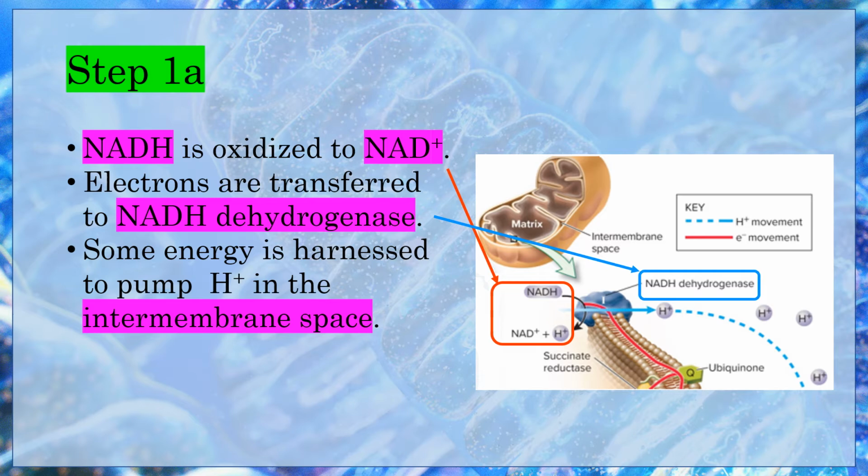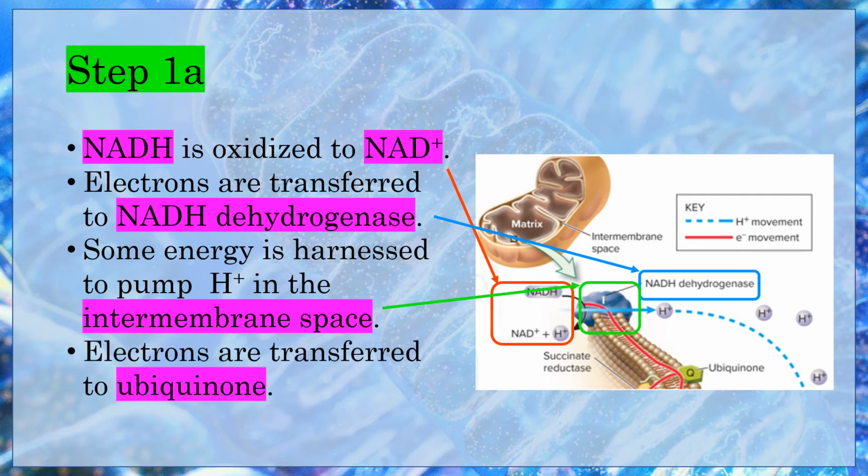So some energy is harnessed to pump hydrogen ions into the intermembrane space, and electrons are transferred to this molecule called ubiquinone. Now this might be a little difficult to understand at first, but all those electrons that we've gained in the other two processes are now coming here and going through this intermembrane space to create ATP.